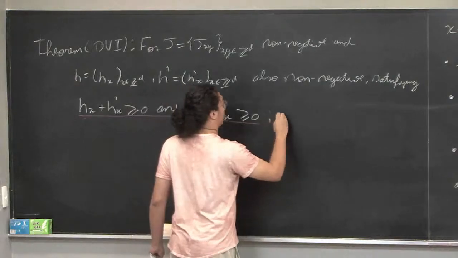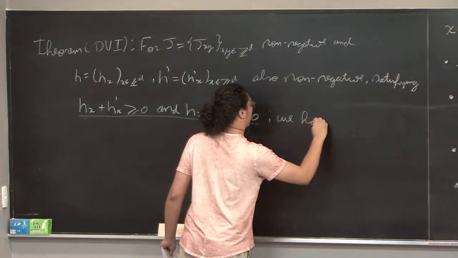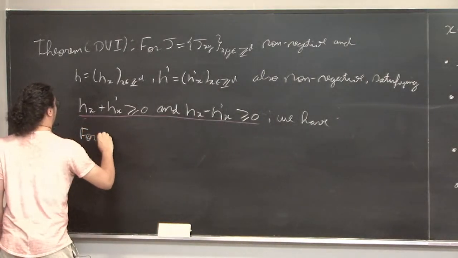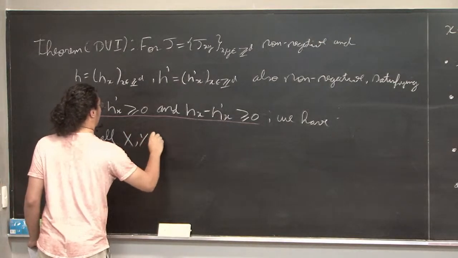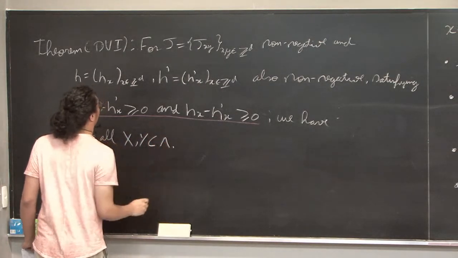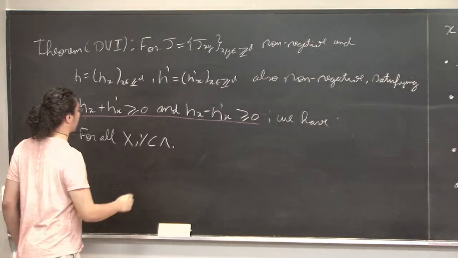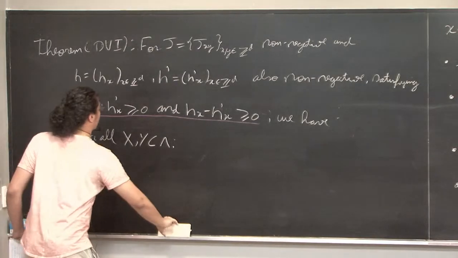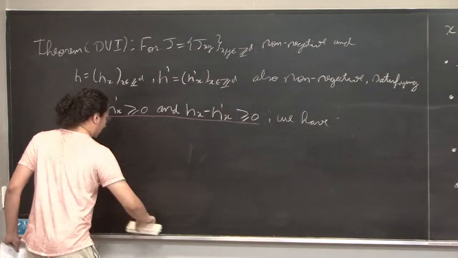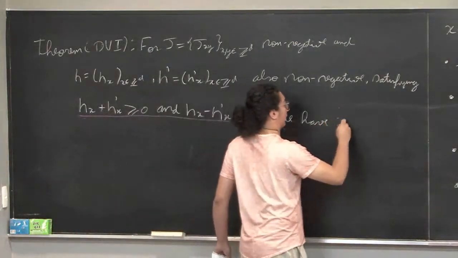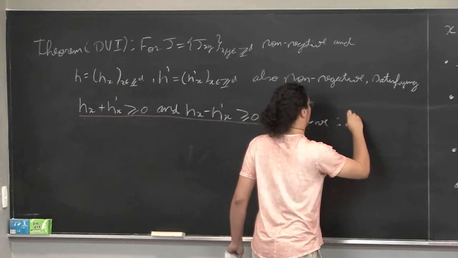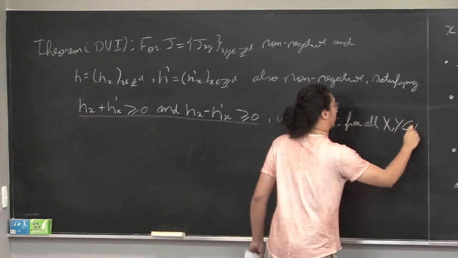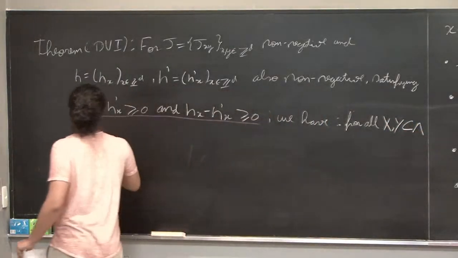So let's say for all x and y subsets of the box, three things hold.